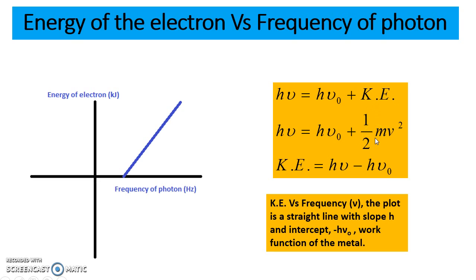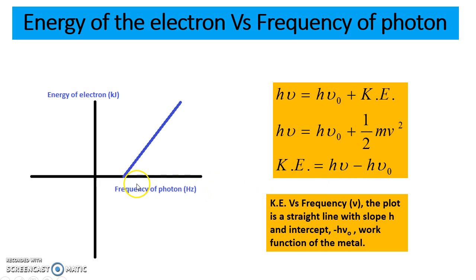Kinetic energy is represented as half mv squared. Rewriting this equation in terms of kinetic energy, we have kinetic energy equated to the difference in the incident energy and the threshold energy.